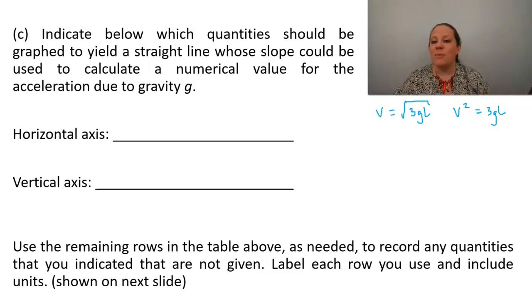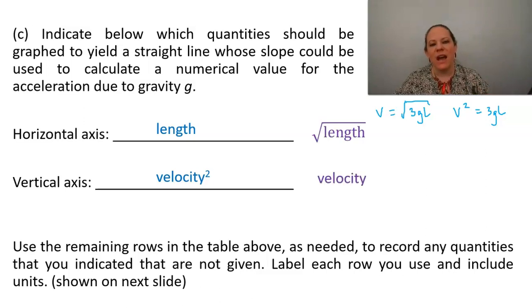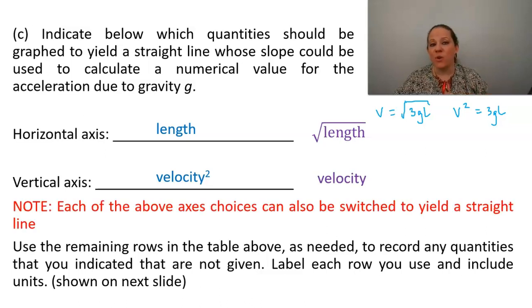For one option for our horizontal axis, we could have length for horizontal and velocity squared for vertical. Another option would be to have the square root of length on the horizontal axis and velocity on the vertical axis. And also there was a note in the guidelines that each of the above axes choices can also be switched to yield a straight line.